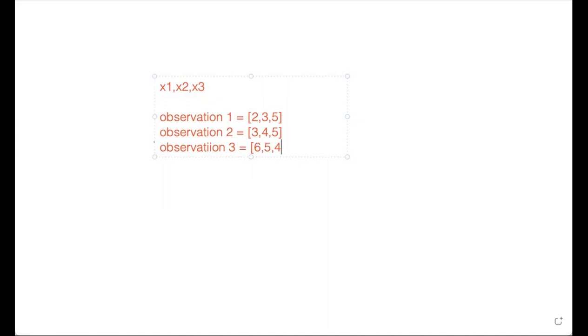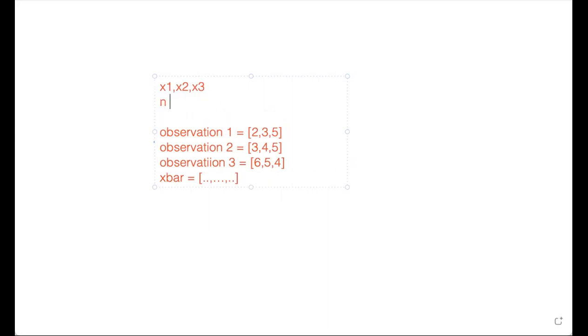Okay, I want you to calculate the mean vector from this data set, Gabriel or Kenneth. You need to calculate the x bar values. We have 3 observations, right?